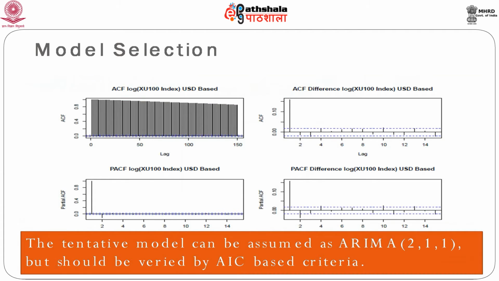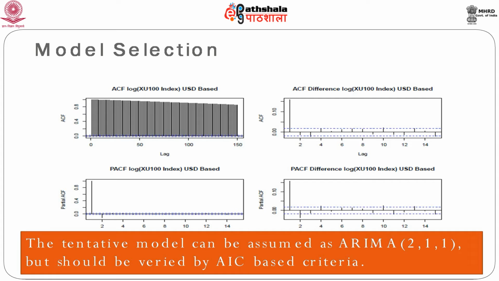The order of the model can be confirmed by AIC. So we will first try different choices of ARIMA orders. We will calculate the AIC, compare them, and choose the appropriate order for ARIMA. The arima is a function that can be used.